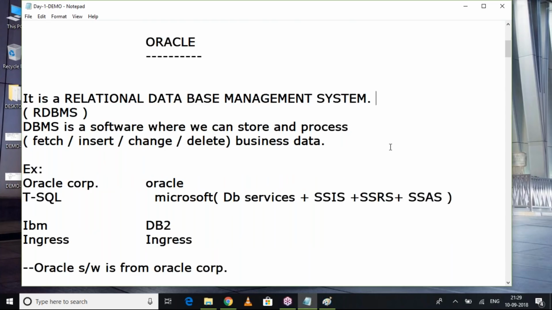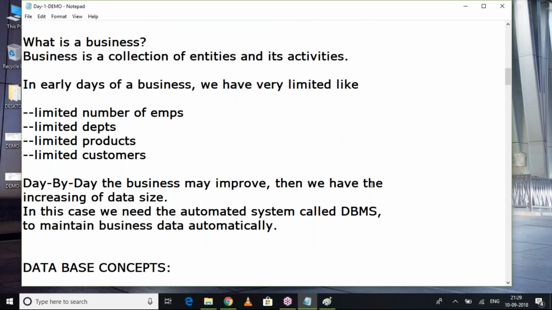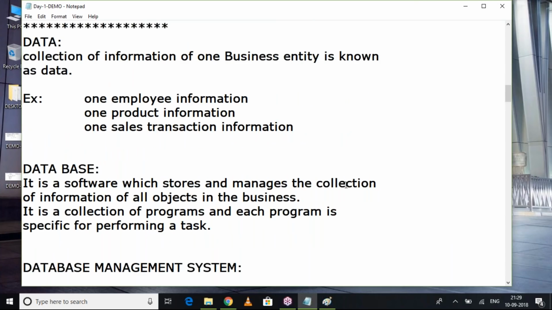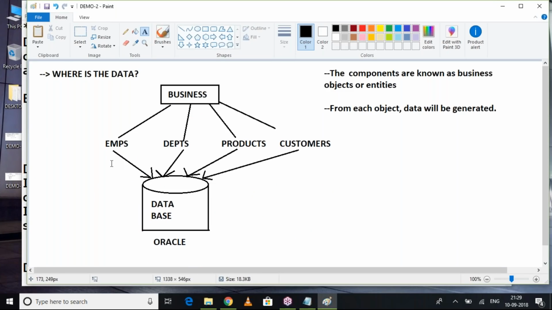4 points totally I am explaining right now. What is data? Let us see. From each object, the data is generated. Okay, data related to one employee. Remember, information related to one employee is called data. It's raw data. It is related to only one object, not to other objects.